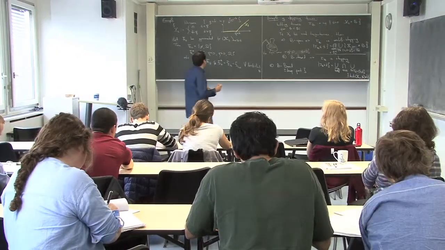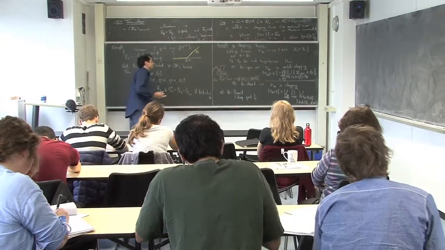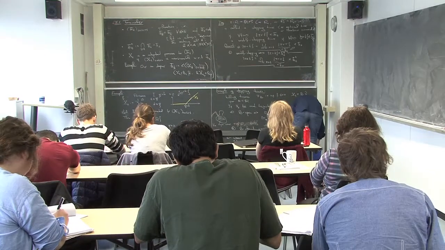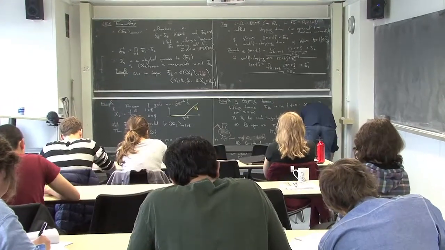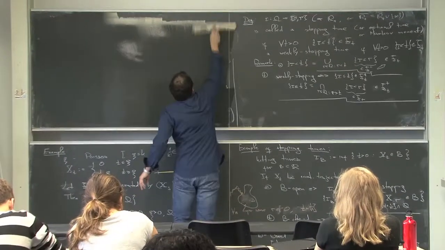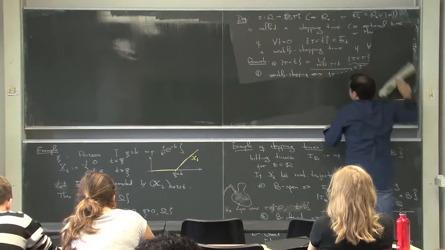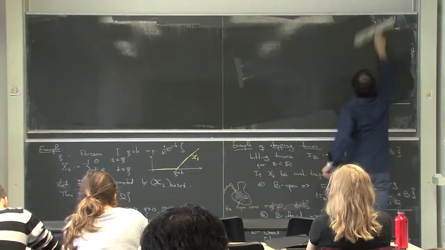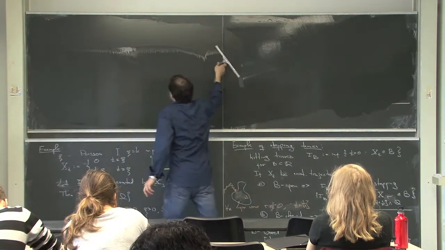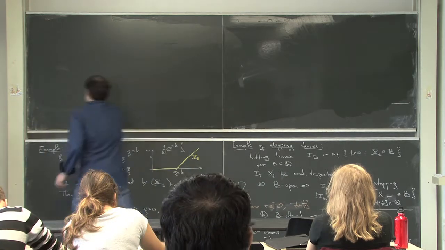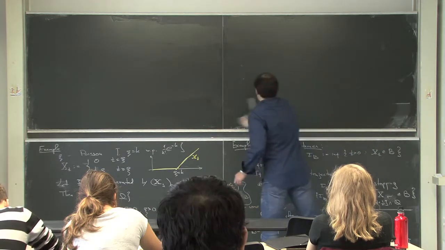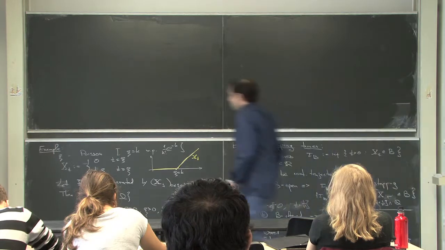I think what we do next is to prove the weak Markov property of the Brownian motion. So let it be, say, 4.2.